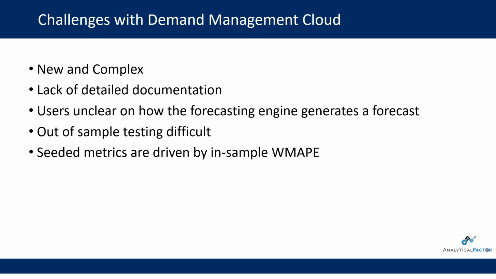That MAPE value is based on historical data. There's no holdout period. So the engine gives you information, and the WMAPE values that are kind of just spit out by the system are not necessarily the best indicators of whether a forecast is going to be accurate or not. So this whole concept of holding back information, running the engine, seeing how well it's performed against that is more challenging on the cloud.